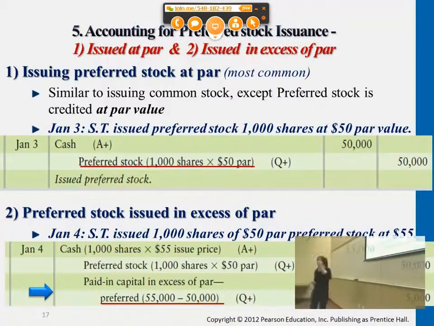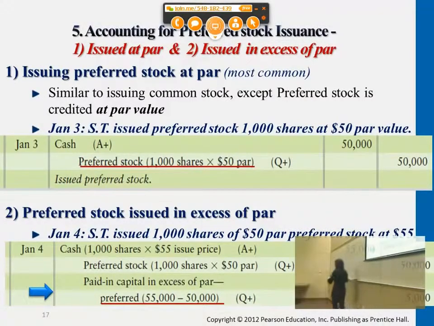Assuming market price is $50, you're also issuing at the face value of $50. In the second case, if the market price later on goes above the original face value, let's say it's $55, then the difference of $5 for each and every share times the number of shares will give you the paid-in capital in excess of par/preferred.